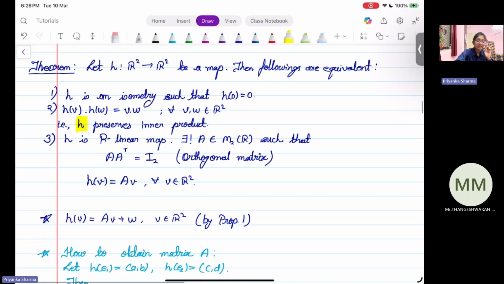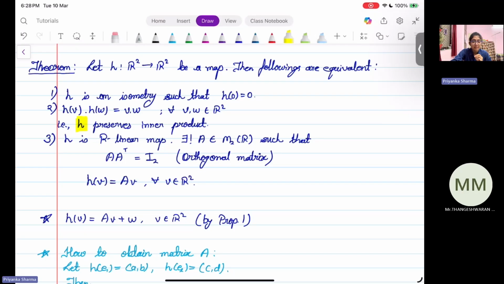The third one is H is a linear map and there uniquely exists a matrix A in M₂(R), that is, A is a 2 by 2 matrix whose entries are real numbers, such that A Aᵀ is the identity matrix of order 2.